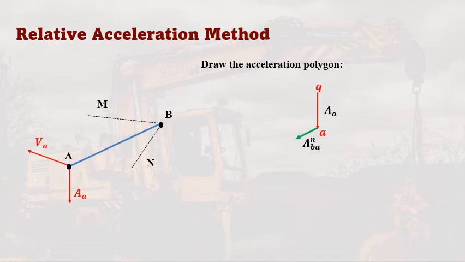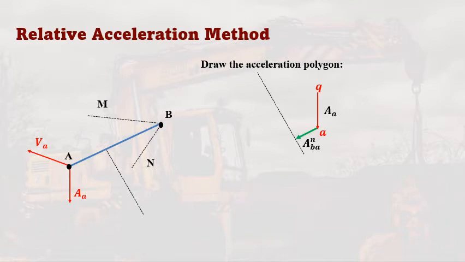So since B is rotating with respect to A, that's why the direction of ABA normal is going to A. So that's why you can see it here. So we add it from the head of the acceleration of A based on our formula. So now we have the acceleration of B relative to A normal. So its direction again is towards point A, and its value is computed using the velocity of B relative to A squared divided by the length of AB.